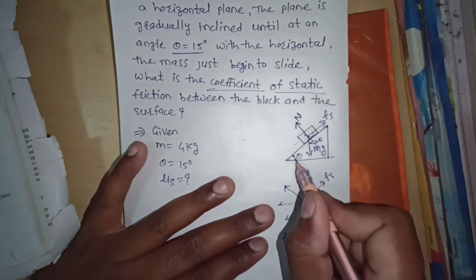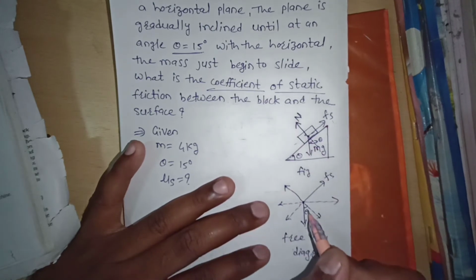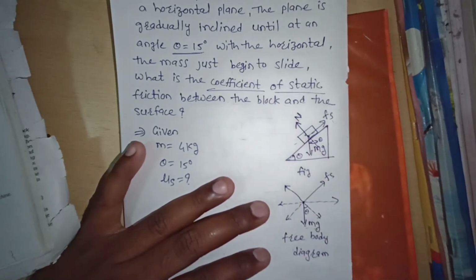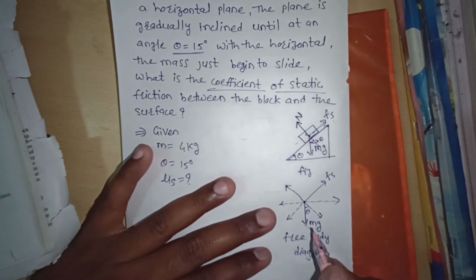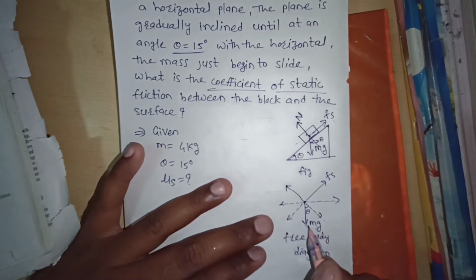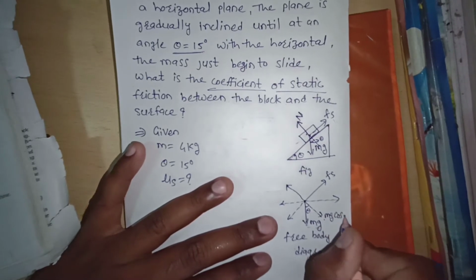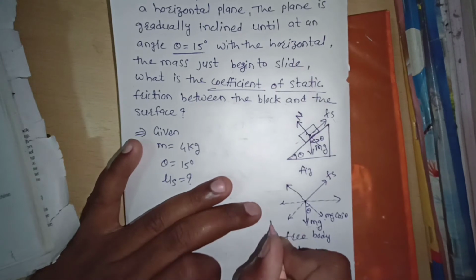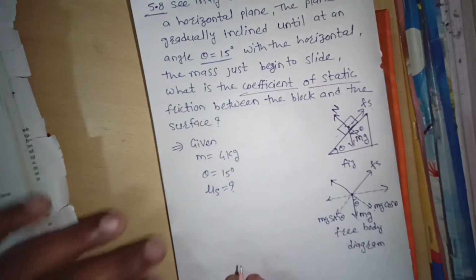When we resolve it, this component is mg cos theta and this is mg sin theta.